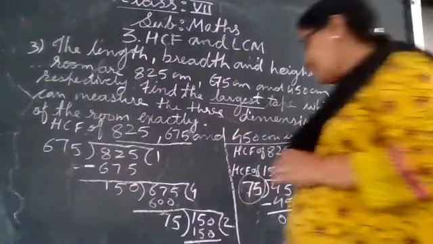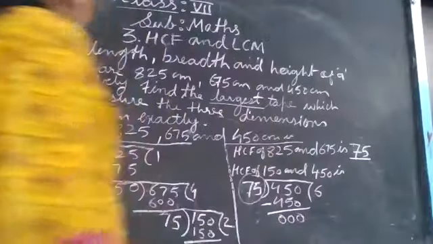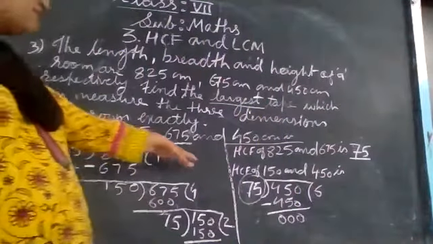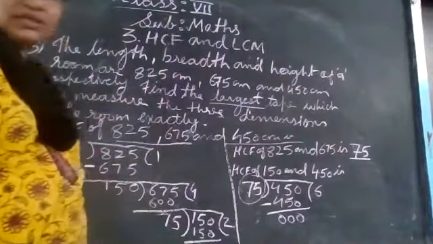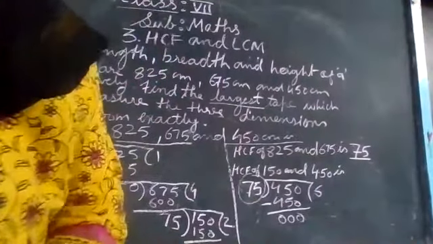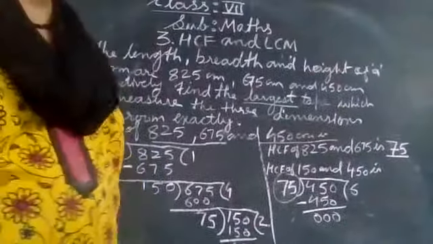Hence, the required length of the tape is what? 75 centimeter. See, if you take 75 and divide all these three, you will get the remainder 0. Okay. So, how will you write the answer?